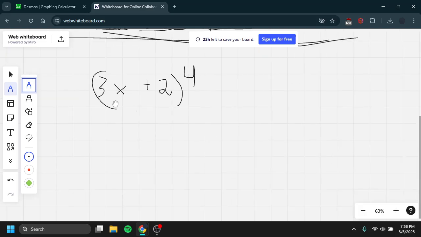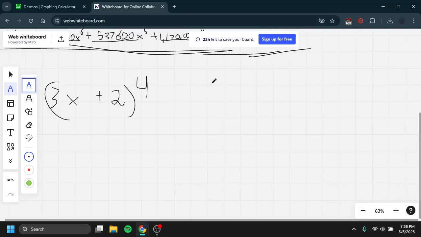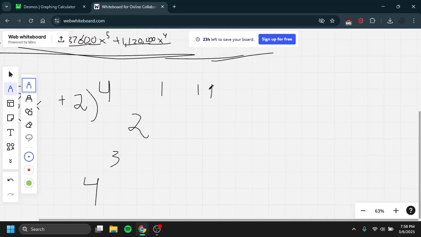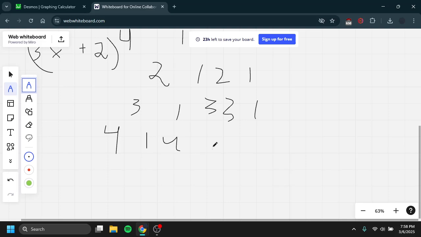Go ahead and complete that using the Pascal triangle. I will write it out: rows 1, 2, 3, and 4. This will be 1, 1, 1, 2, 1, 1, 3, 3, 1, 1, 4, 6, 4, 1.